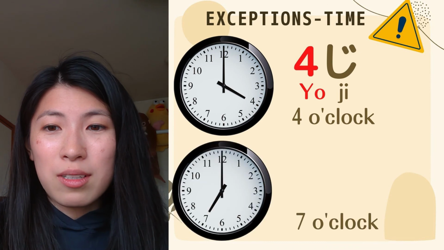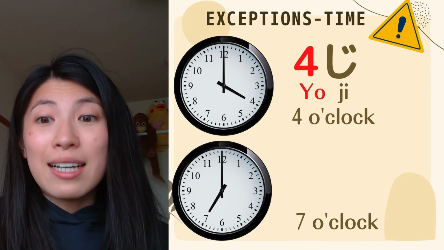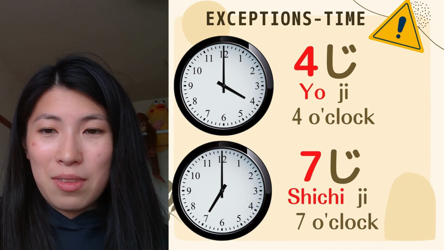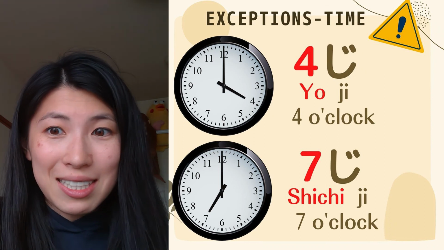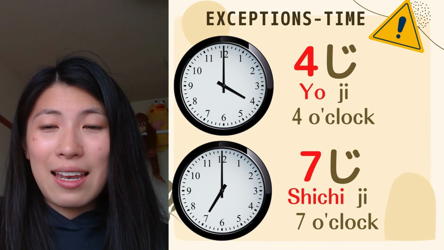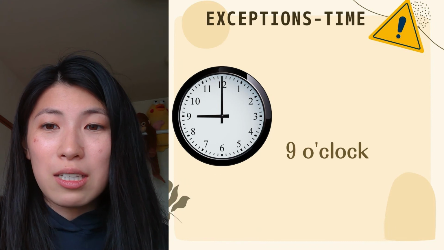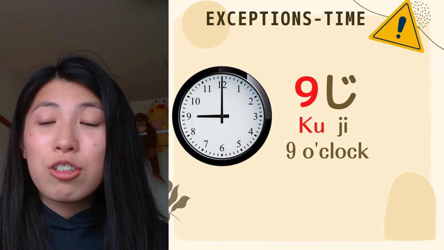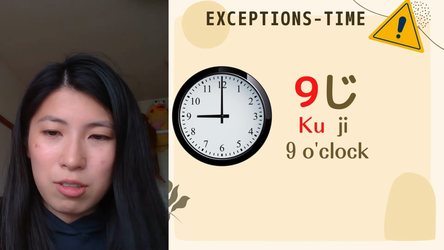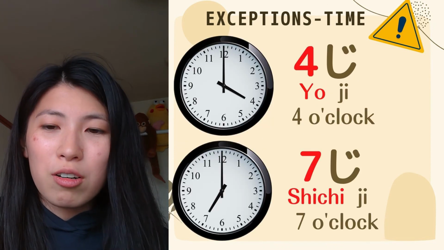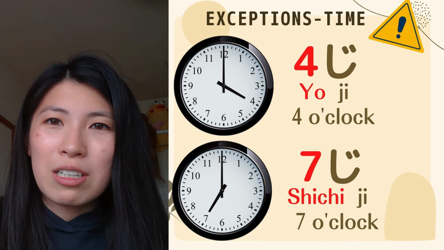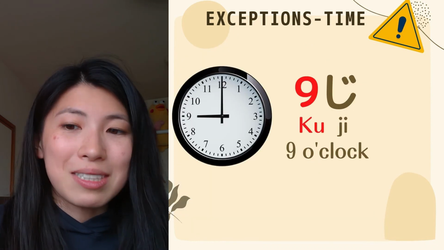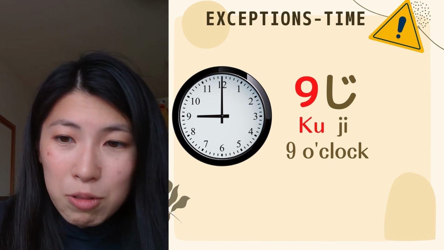And the next one, 7 o'clock, we say 7時 (しちじ), not ななじ. And the last exception is 9 o'clock. We pronounce it 9時 (くじ), not きゅうじ. So 4 o'clock, 4時, 7 o'clock, 7時, 9 o'clock, 9時. Those are exceptions. So good job!